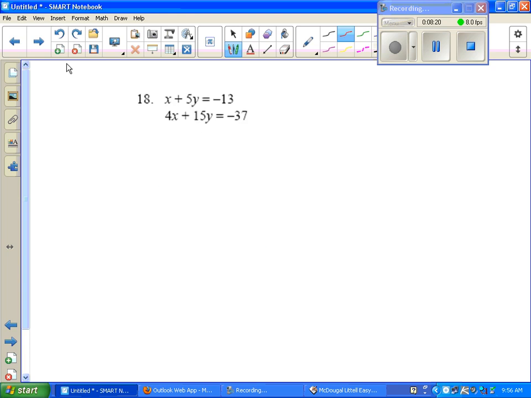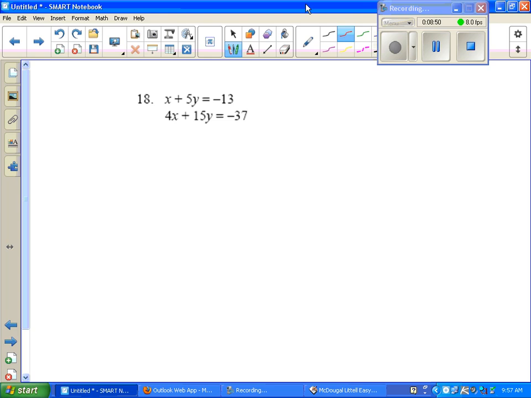Number 18, x plus 5y equals -13 over 4x plus 15y equals -37. Notice we don't have any opposite terms. Our x's are over our x's. Everything's stacked correctly. Y's over y's, constants on top of constants. But we can multiply by 4, or we can recognize that 5 times 3 will give us 15.